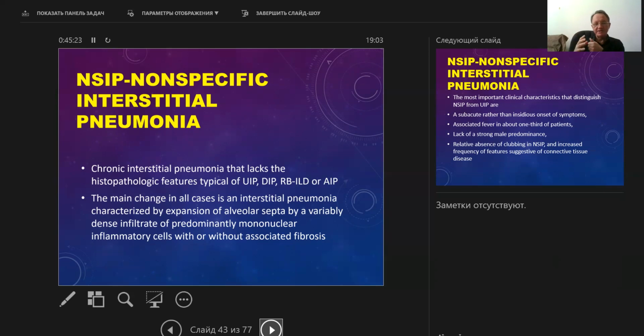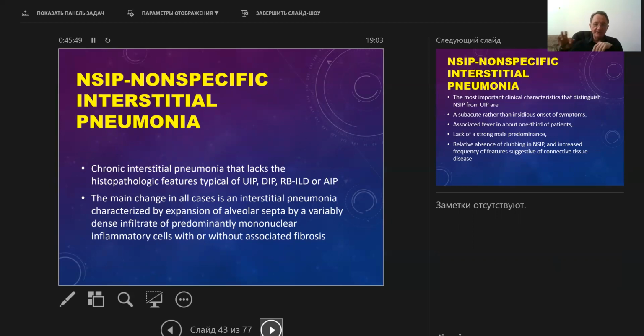The main change in all cases is an interstitial pneumonia characterized by expansion of alveolar septa by a variably dense infiltrate, predominantly mononuclear inflammatory cells, with or without associated fibrosis. That's why it depends on the ratio between inflammatory cells and fibrosis.